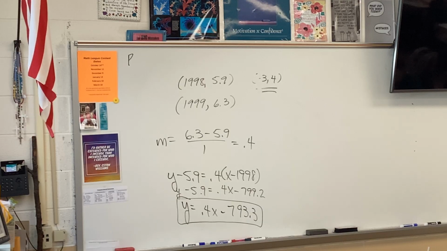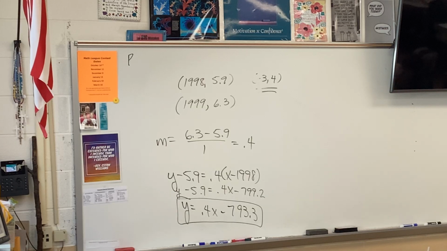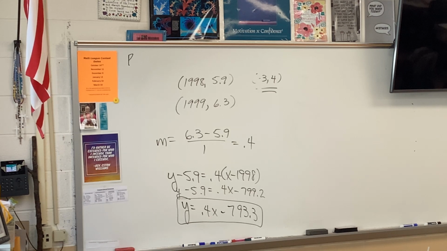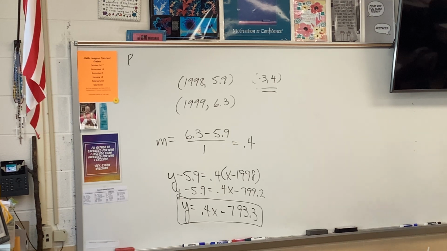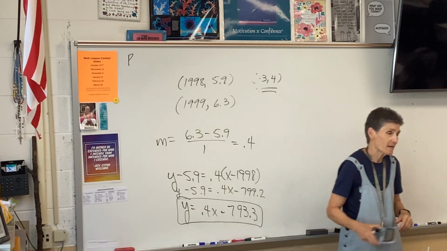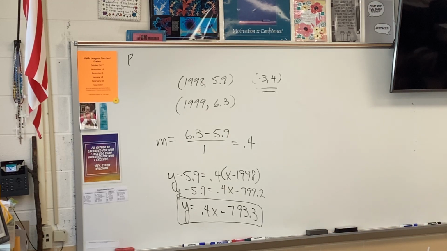What if I used the second and the fifth point? Same thing, right? So we would ideally like to write the very best equation that we could, the closest one to all those points. So we're gonna let our calculator do that. When I was your age, I had to do it by hand, but no longer. Now we get to do it with our calculators, all right? Let's get them out.